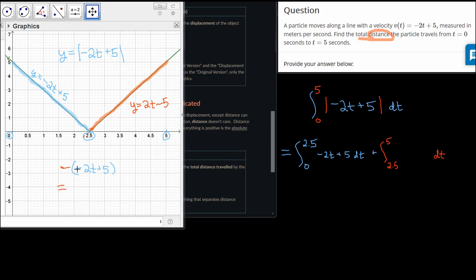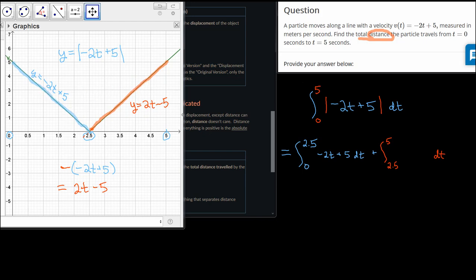I get 2t minus 5, which is exactly what we got here. So the moral is an absolute value function is a combination of two functions where the relationship between them is that they're just negatives of one another. The blue graph is the negative of the red, and the red is the negative of the blue.